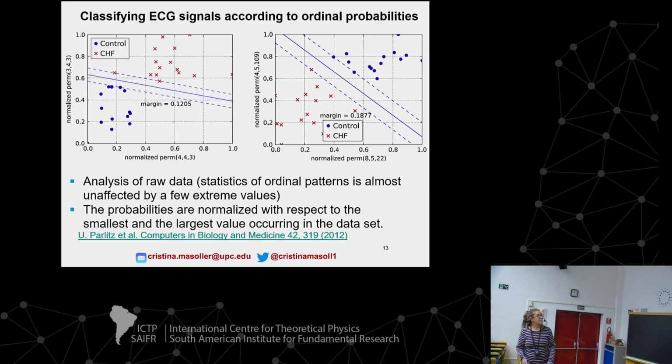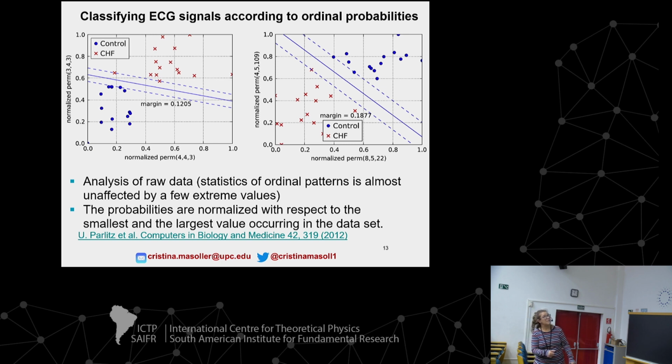Okay? So basically, in this paper, 10 years ago, they found that by plotting one probability versus another, I will now explain what these numbers mean, but basically it's a probability of a pattern versus a probability of another pattern, you can separate a group, these control people, from people that have cardiac disease.